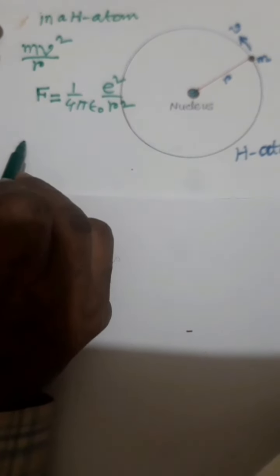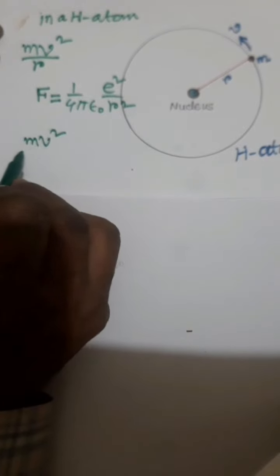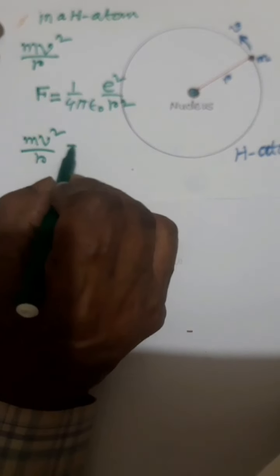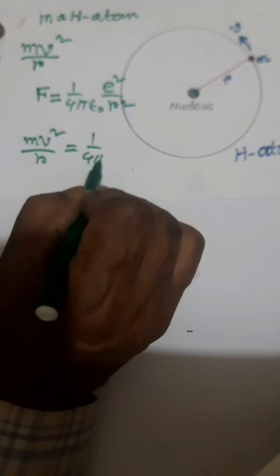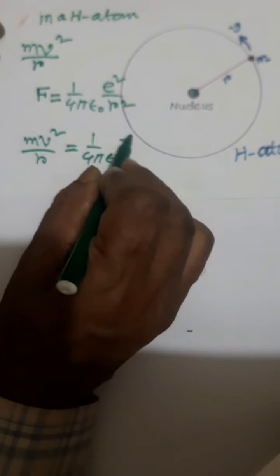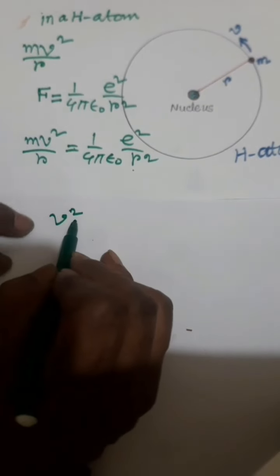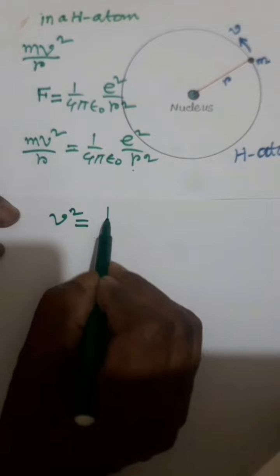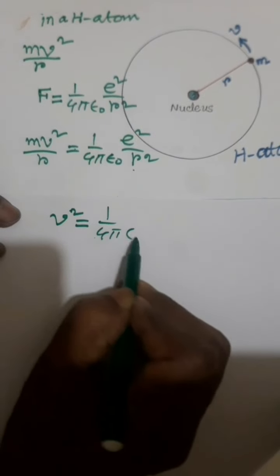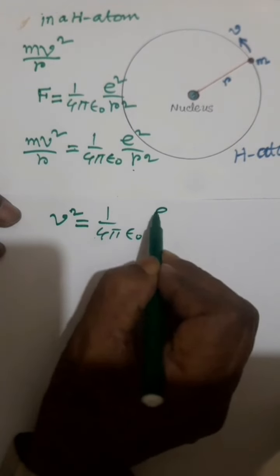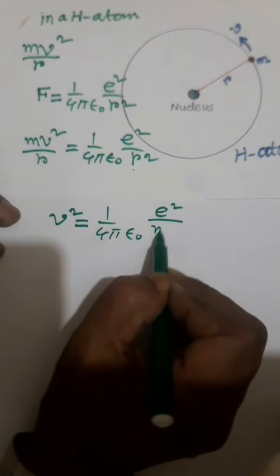Therefore, mv square by r equal to 1 by 4 pi epsilon naught e square by r square, and v square equal to 1 by 4 pi epsilon naught e square by mr.